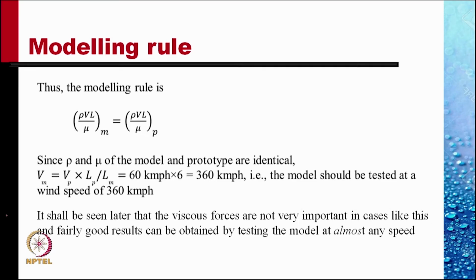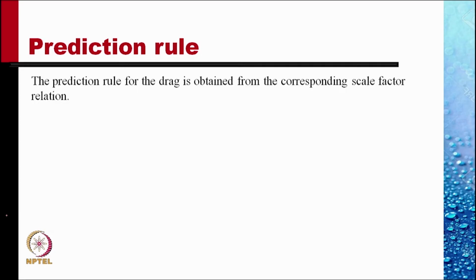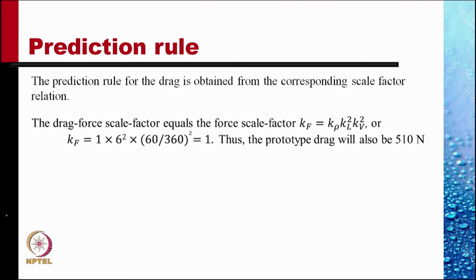And fairly good results can be obtained by testing the model at almost any speed. Anyway, we'll come to that a little later. For the time being, let's predict the drag. The prediction rule for the drag is obtained from the corresponding scale factor relation. The scale factor for drag would be the same as the scale factor of any other force. And as we have seen, for the inertial force, the scale factor is K rho, Kl square, Kv square.